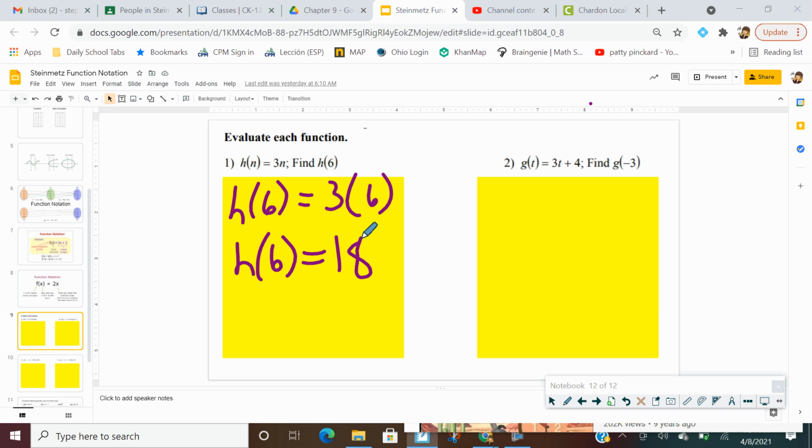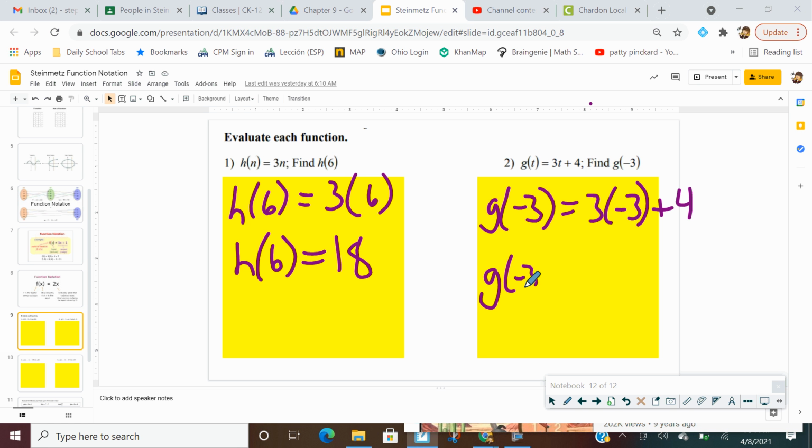For 2, g of t equals 3t plus 4. If t is negative 3, we would say g of negative 3 equals 3 times negative 3 plus 4, which is negative 9 plus 4, which is negative 5. So g of negative 3 equals negative 5.